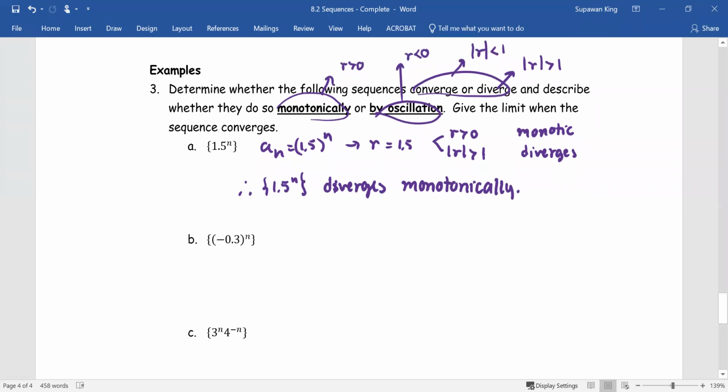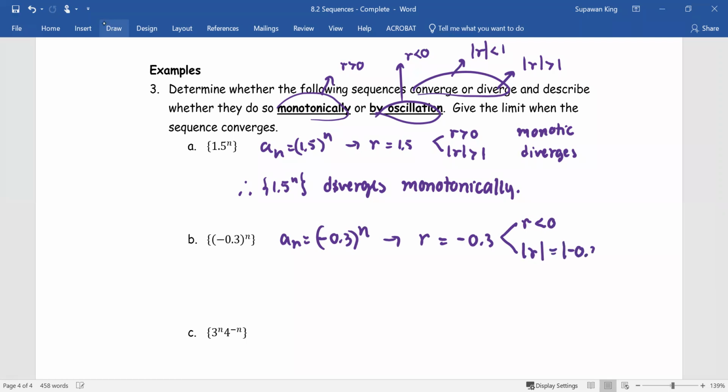Next one, a_n equals negative 0.3 to the power n, which means the ratio r equals negative 0.3. We categorize it as r less than 0, and the absolute value of negative 0.3 is still less than 1.